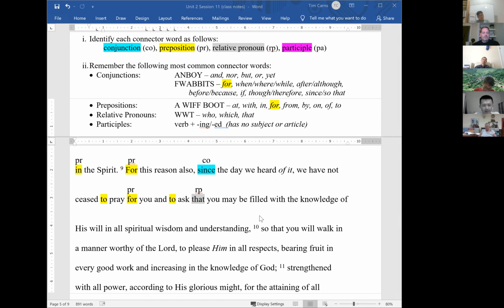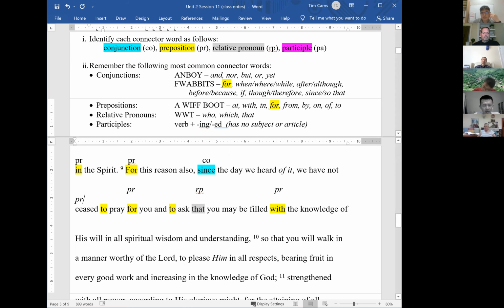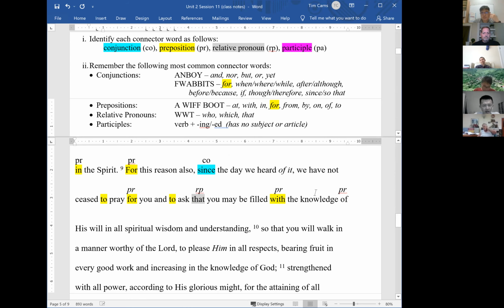With is a preposition. Okay. Good. Of is a preposition. In all spiritual wisdom, in is a preposition. Okay. Yep, that's all for verse 9.